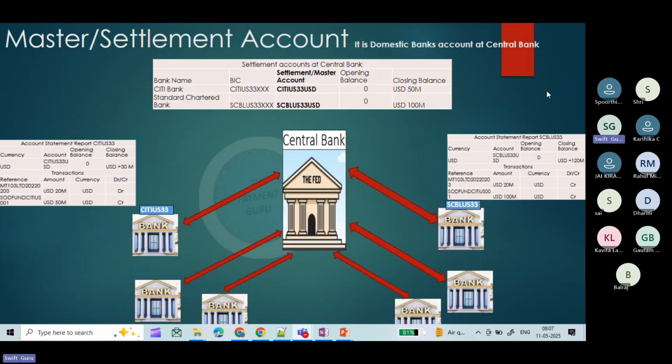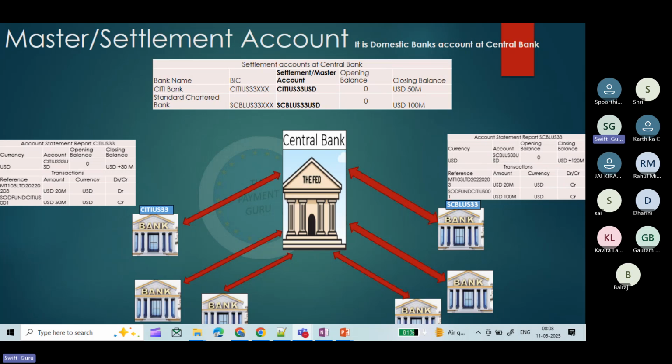So this master account or settlement account is basically an account at the central bank. The account owners for these accounts are the local banks participating in different kinds of payment systems. Remember, in India we have different payment systems called RTGS, NEFT, and IMPS, correct?